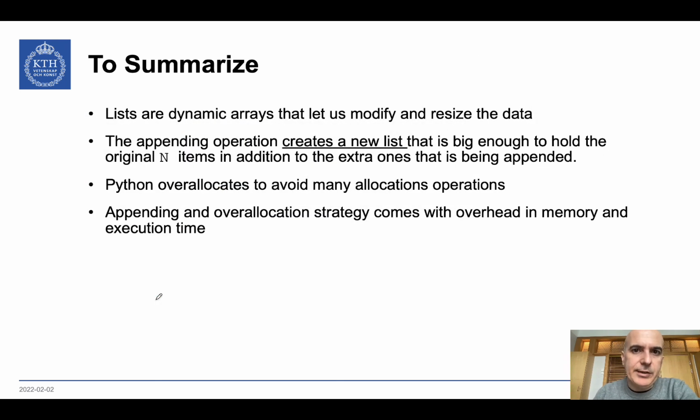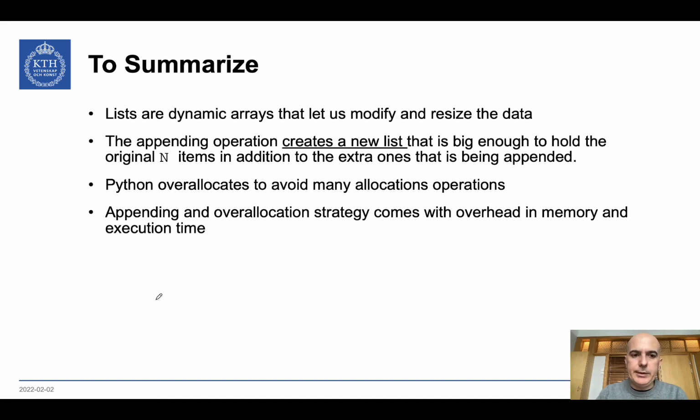So this is the last slide of my lecture. To summarize, lists are dynamic arrays that allow us to modify the values and resize the data. These are the two important features of lists. The appending operation creates a new list that is big enough to hold the original n items in addition to the extra ones being appended.